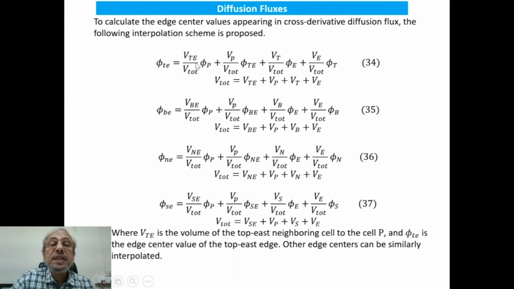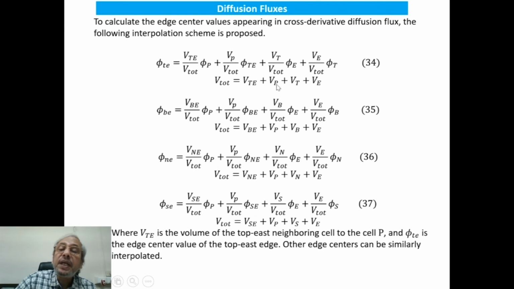So this is Vte, Vp, Vt, Ve, cell volumes. This is cell of interest P, its volume. Then this is the cell which is basically the eastern neighbor of the top cell over P cell, and this is the volume of the top cell, this is the volume of the eastern cell, and V total is the volume of that cell which is basically the eastern neighbor of the top cell.